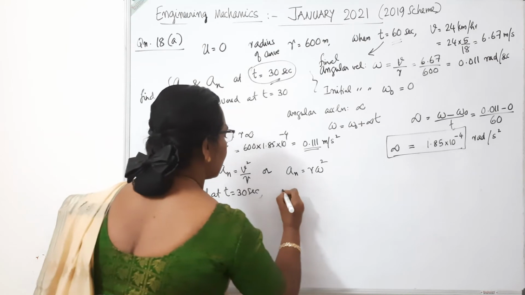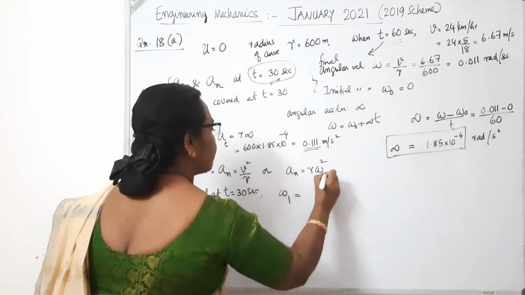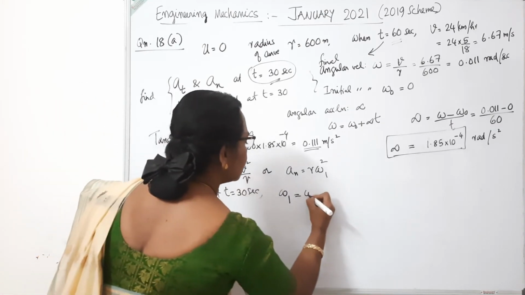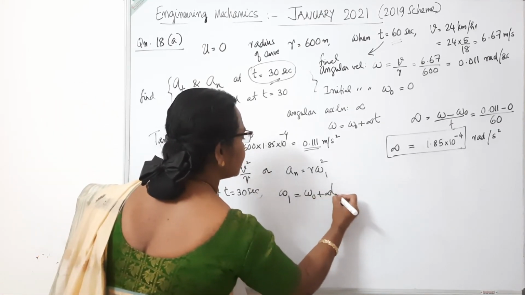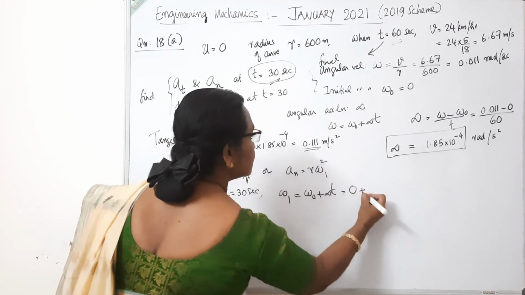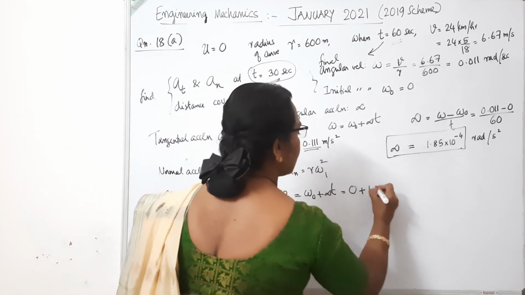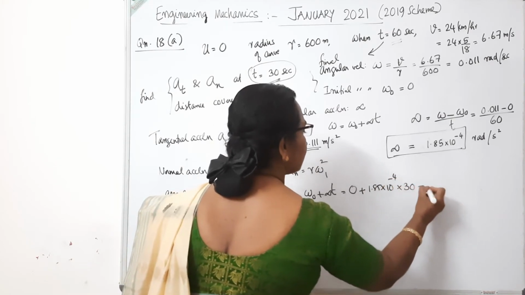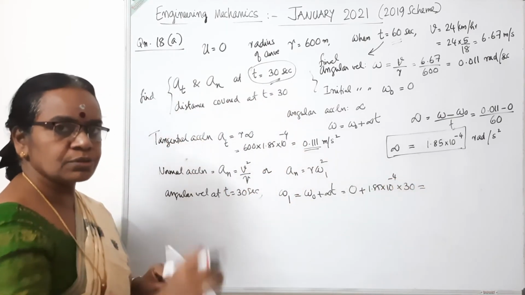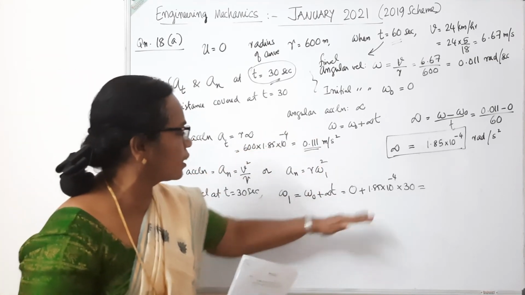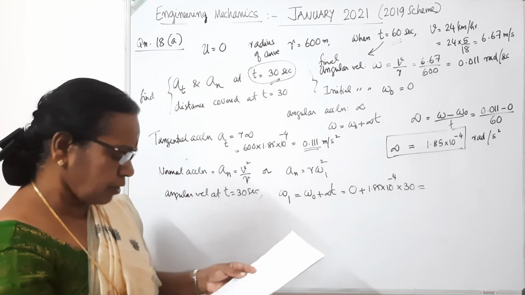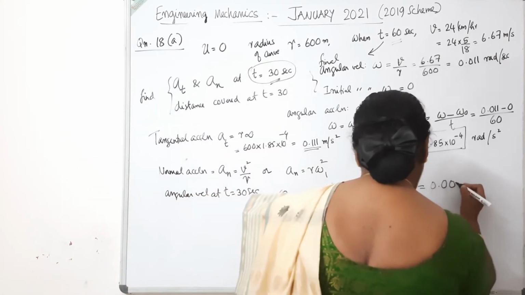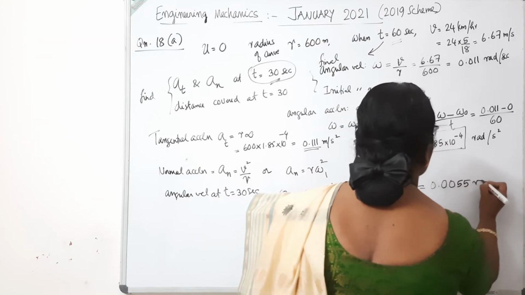Let it be omega 1. Omega 1 is omega 0 plus alpha t, starting from rest with an angular acceleration of 1.85 into 10 raised to minus 4 for 30 seconds. So when it becomes midway of the travel, total 60 seconds, when it is 30 seconds, what is the angular velocity? Find it out. You will get it as 0.0055 radian per second.